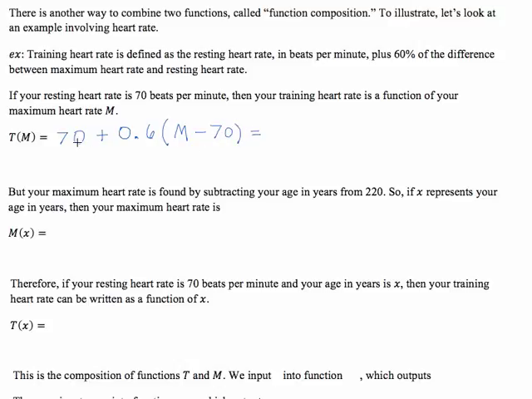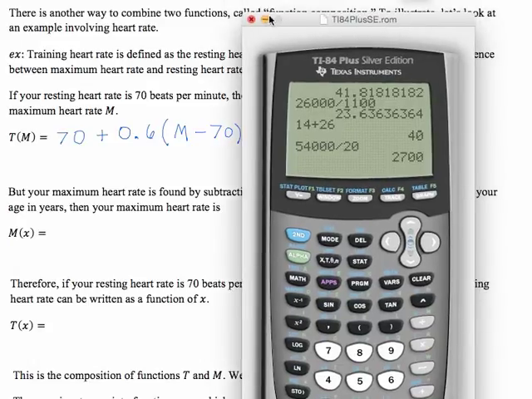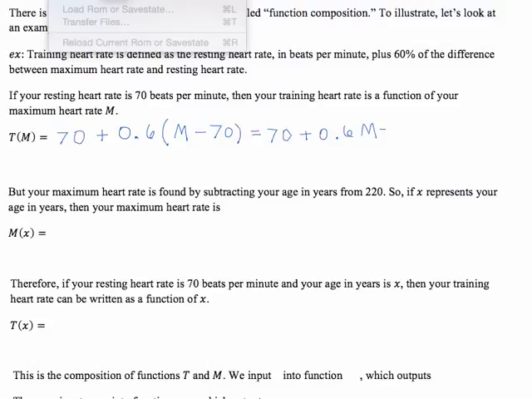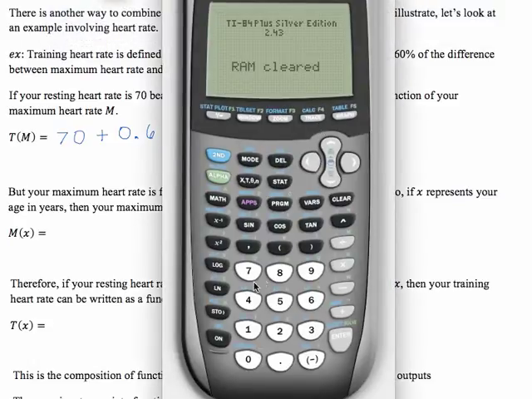You can leave it like that, or we could simplify a little bit by distributing out that 0.6 to get 70 plus 0.6M minus 70 times 0.6. We really don't need a calculator for this.